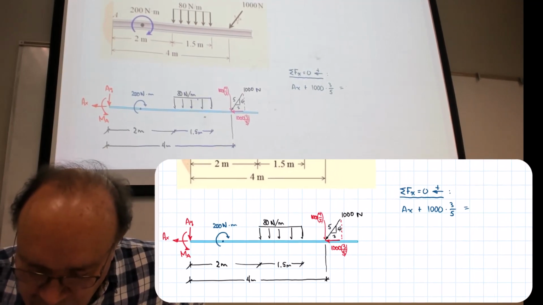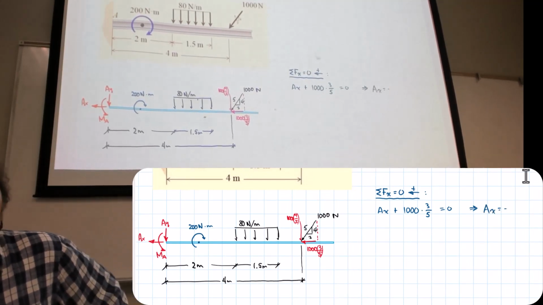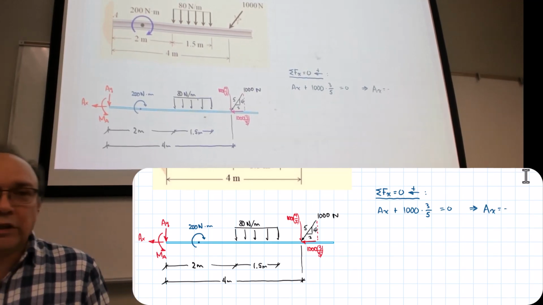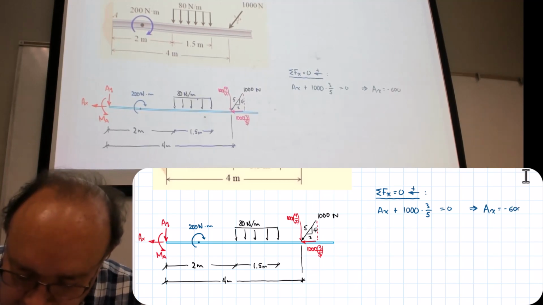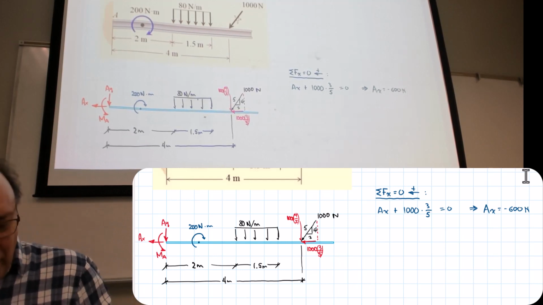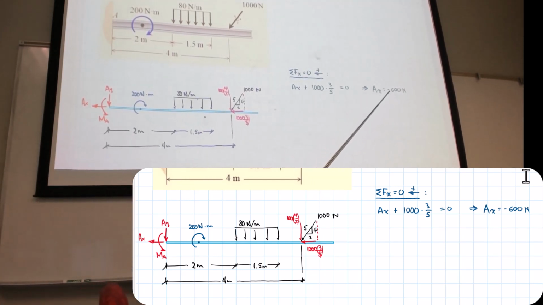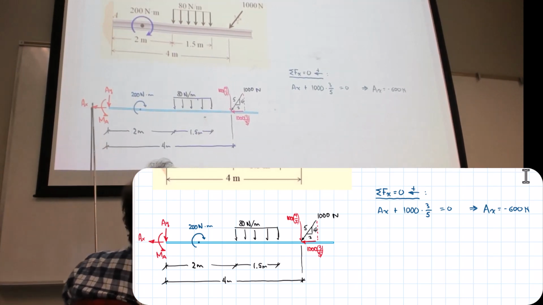From here we can solve directly AX equals to minus 600 newtons. As soon as you see the minus, you see that this was not correct.